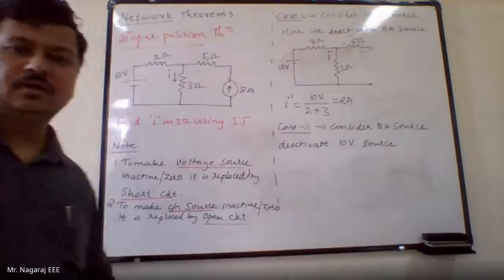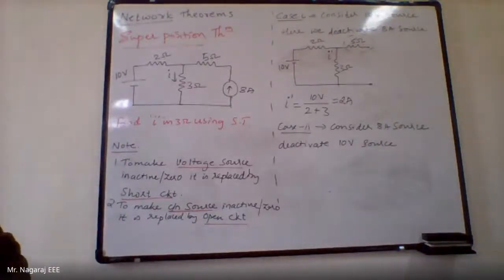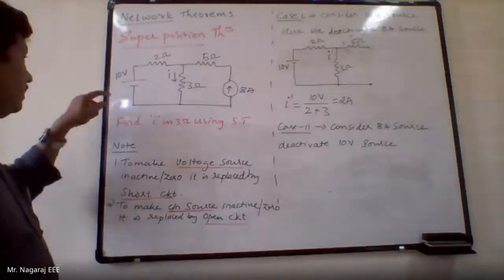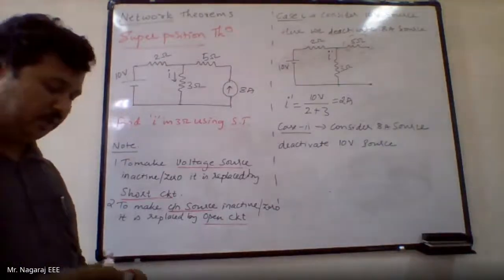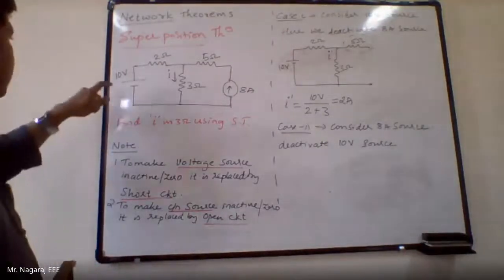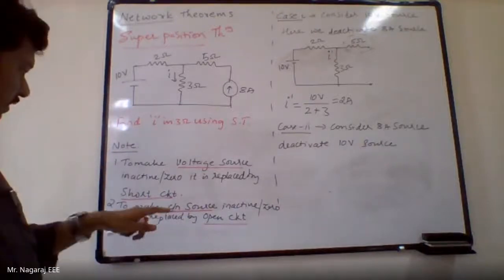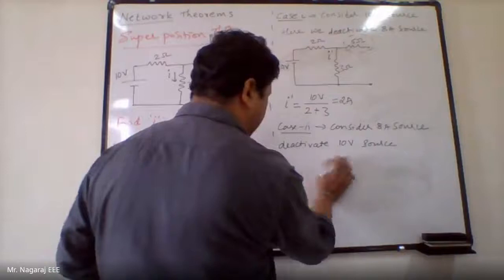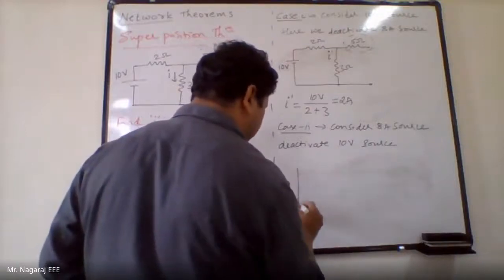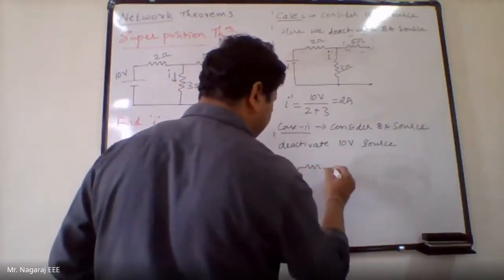Here we deactivate the 10 volt source. So now I should make the 10 volt value 0. Whenever I have to make the value of a voltage source 0, it should be replaced by a short circuit. So the circuit will be like this, with the short circuit.